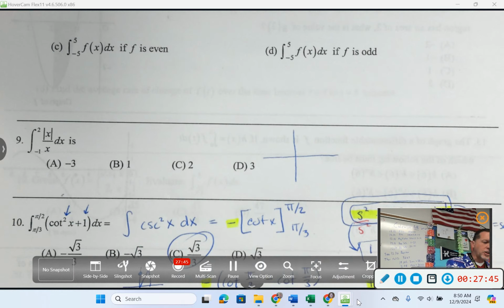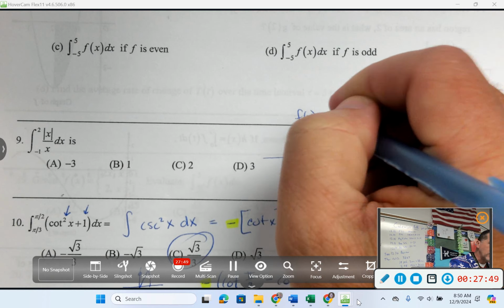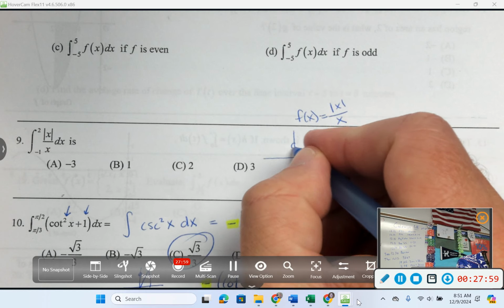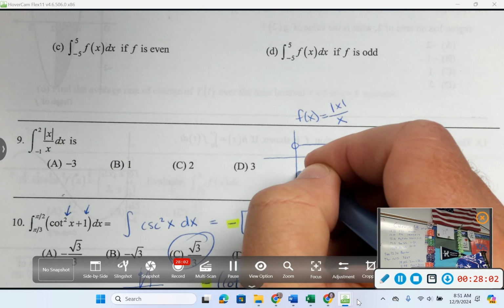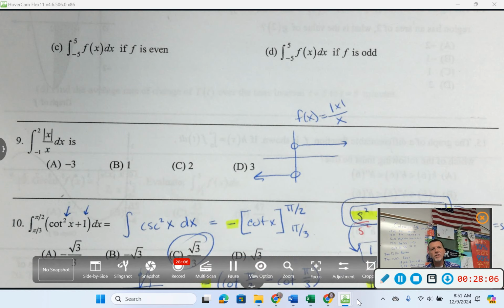Add this to your parent function bank of knowledge, what that graph looks like, because they like to ask questions about that graph. Limits, derivatives, integrals. There's that graph. You just got to know what that graph looks like.